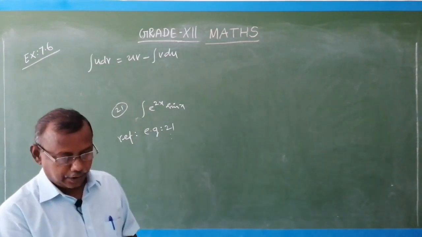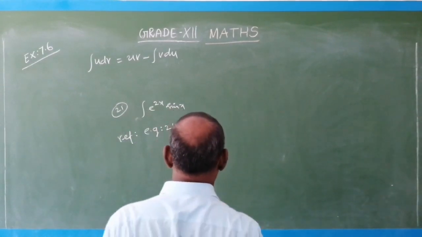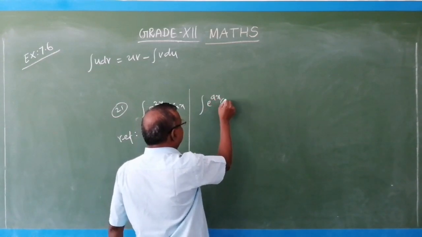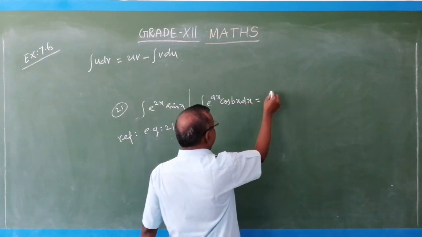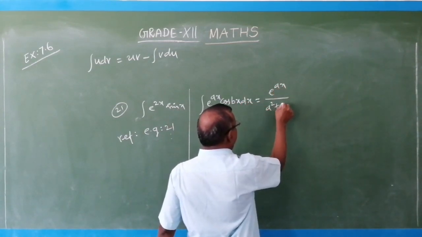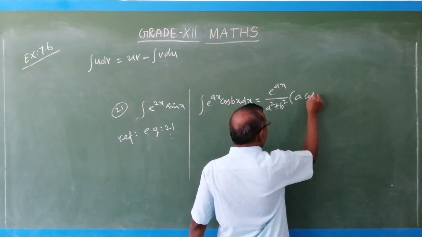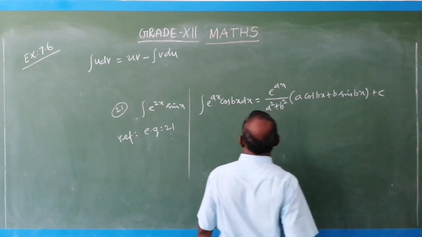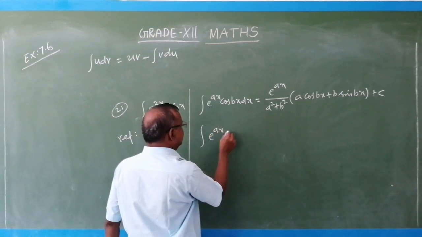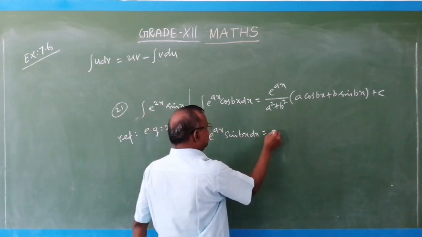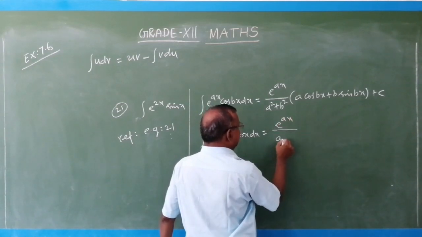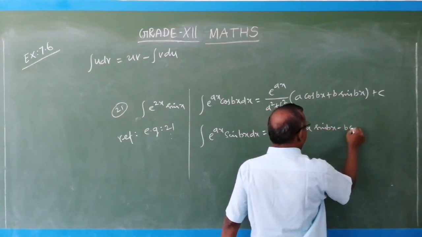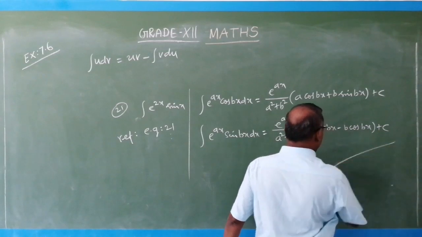And I want to tell you one thing. For the verification of your answer, I give you one formula. In general, integral e power ax into cos bx into dx equals e power ax divided by (a square plus b square) into (a cos bx plus b sin bx) plus c, and integral e power ax into sin bx into dx equals e power ax divided by (a square plus b square) into (a sin bx minus b cos bx) plus c.